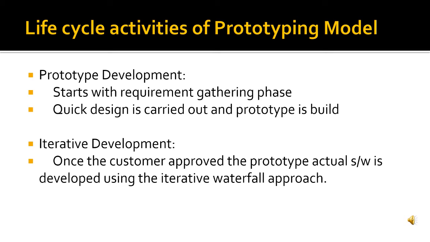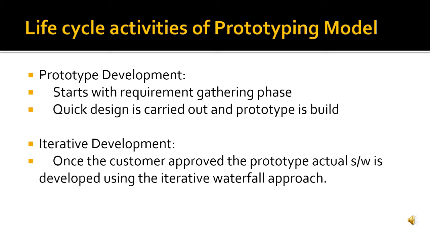Now we will discuss the life cycle activities of the prototyping model. The prototyping model of software development has two important phases: the prototype development phase and the iterative development phase. In the prototype development phase, the development starts with an initial requirements gathering phase.